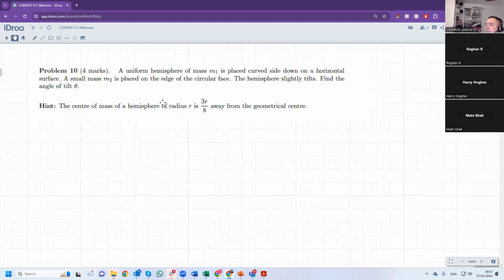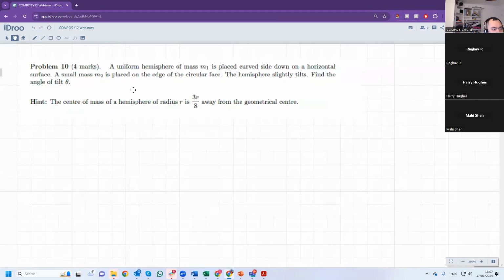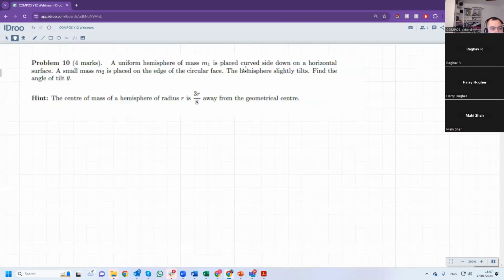Physics problem 10. A uniform hemisphere of mass m1 is placed curved side down on a horizontal surface. A small mass m2 is placed on the edge of the circular face. The hemisphere tilts slightly. Find the angle of the tilt.